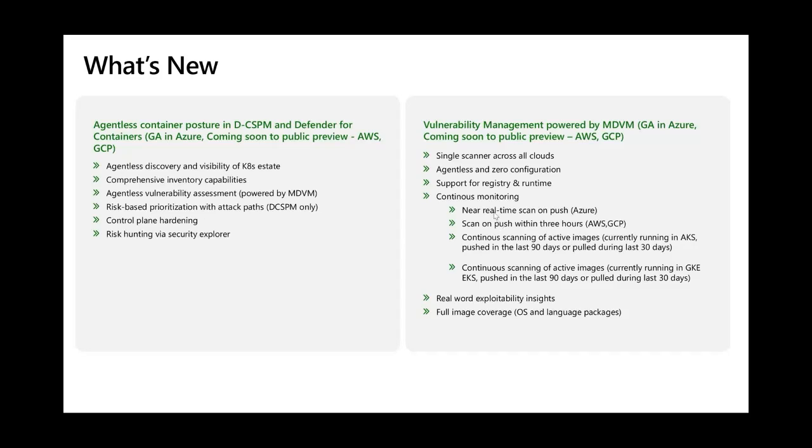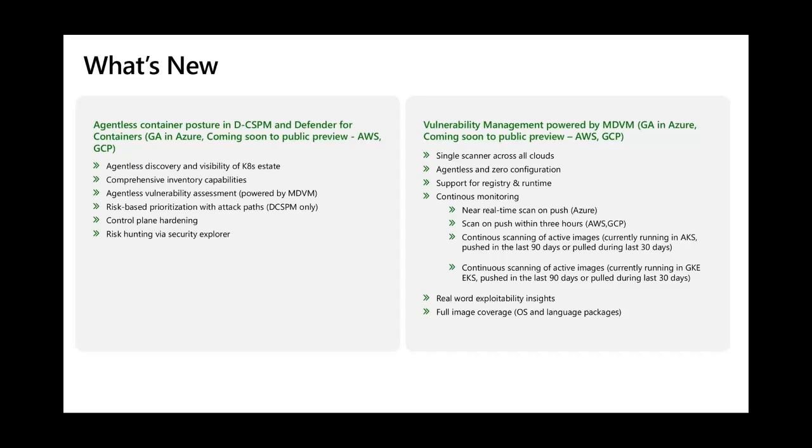The next thing that you'll see that we've added here is vulnerability management powered by Microsoft Defender Vulnerability Management. So you'll notice here that we're using a single in-house scanner across all three clouds. And currently, this is generally available for Azure and coming soon to public preview for AWS and GCP.